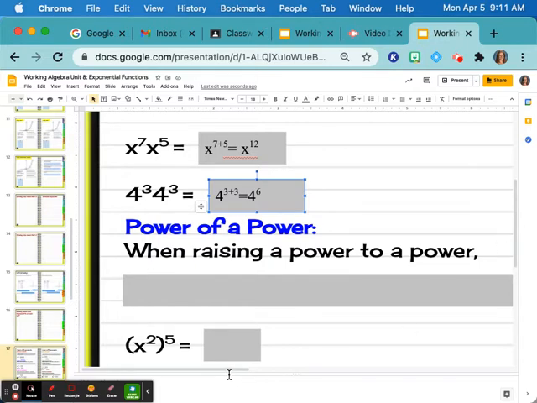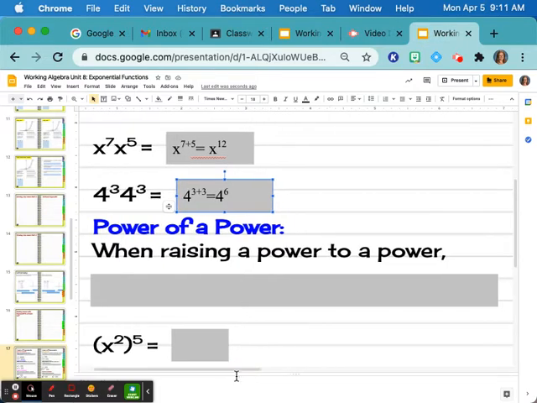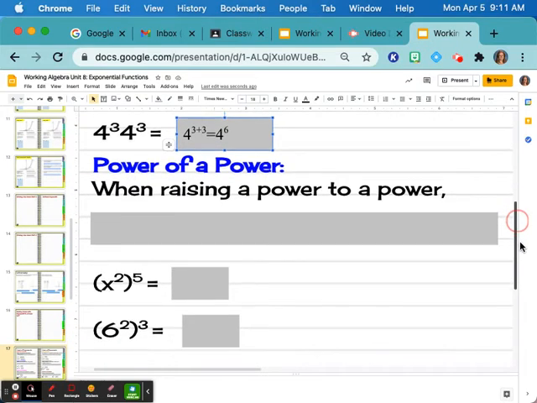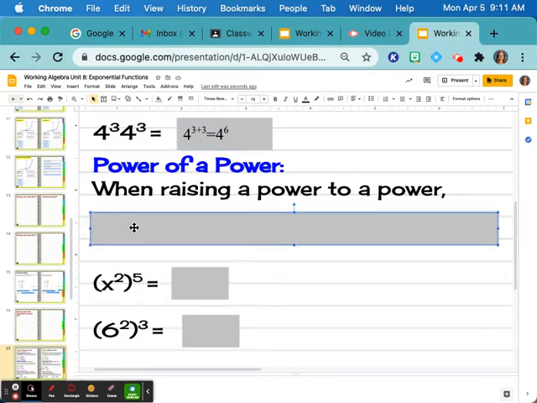Okay, the next problem. This is what we did last. When raising a power to a power, it's like this situation. X to the 2nd power, all to the 5th power. We are going to multiply the exponents.